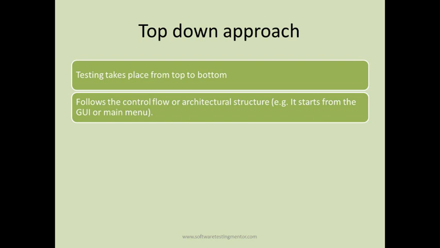So the login screen, and then below that your authentication and authorization mechanism being tested, and then once the user logs in, add to cart, remove from cart, and all those functionalities, then the payment gateway, something like that. So in the top-down approach, you follow the control flow or the architectural structure.